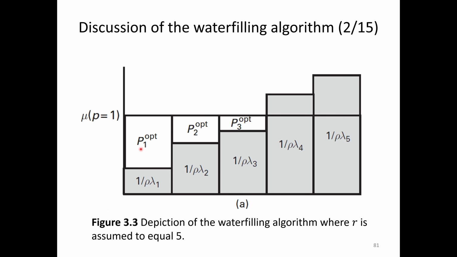So you can see that P1 OPT is greater than P2 OPT is greater than P3 OPT.